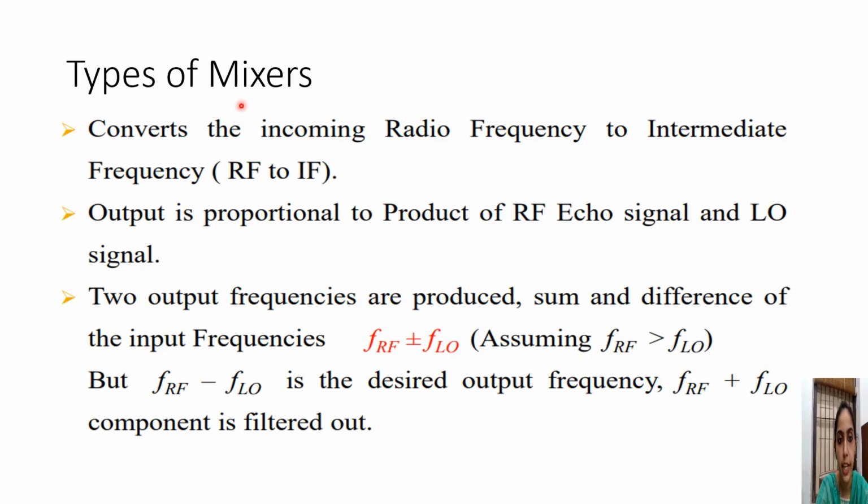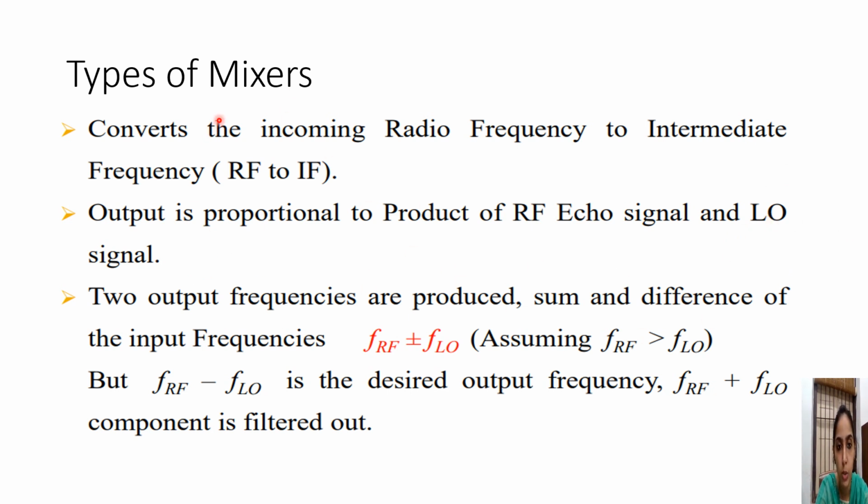Now coming to the types of mixers, the mixer will convert the incoming radio frequency to the IF. Okay, so we are combining the RF echo signal, that is the signal which we get back, and then we combine the local oscillator signal. The local oscillator is also an integral part of the mixer.